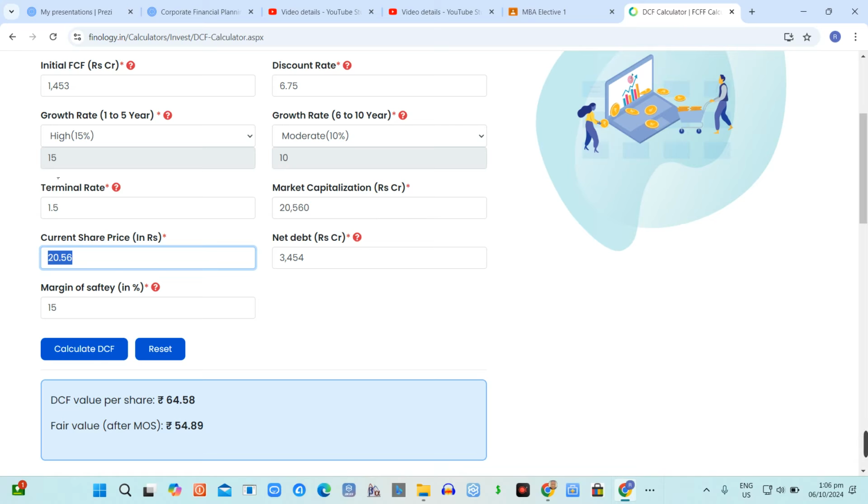So it's like saying, because of this growth rate, 15% growth rate in the first 5 years, and then a growth rate of 10% for 6 to 10 years, and then a terminal rate of 1.5%, maybe for 15 to 30 years or something like that, then you can actually buy this stock at $54.89. But now it's only at 20.56. So I think this is a good calculator.